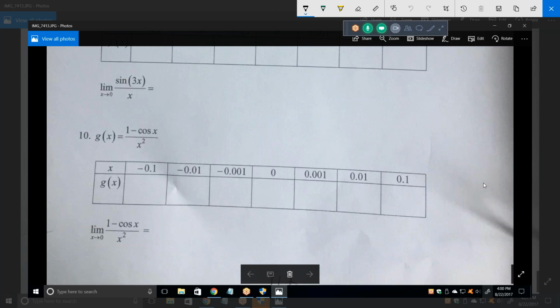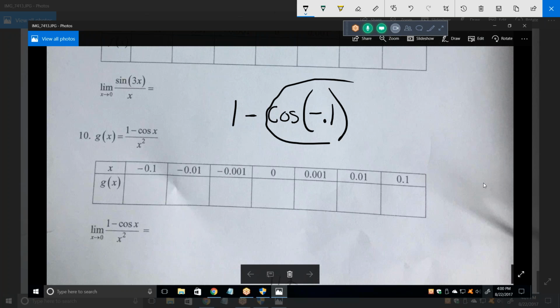So now, the first square is going to be 1 minus the cosine of minus 0.1, which incidentally is a positive number because cosine is positive in the fourth quadrant, all divided by negative 0.1 squared.